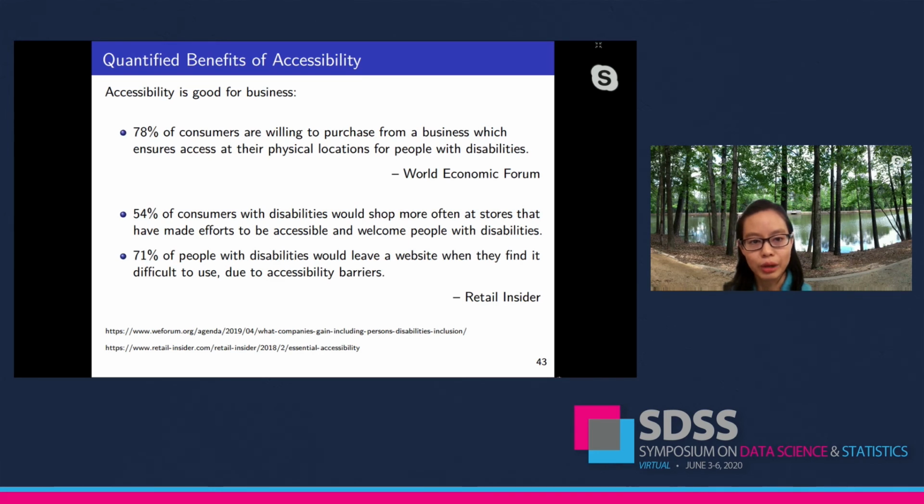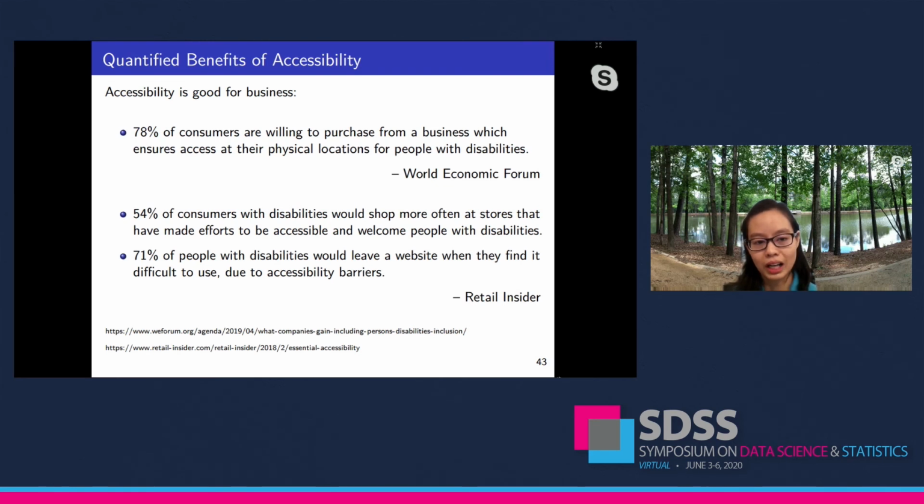And creating ramps not only benefits people using a wheelchair, but also people who are carrying a heavy suitcase with wheels. And more than half of the consumers with disabilities would shop more often at stores that have made efforts to be accessible and welcome people with disabilities. And even a sign saying we welcome service animals would be helpful.